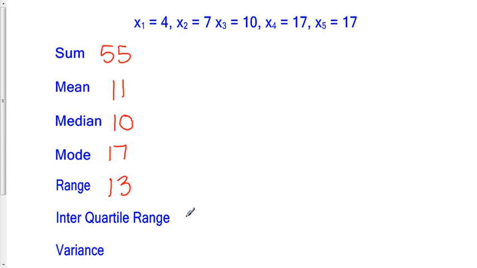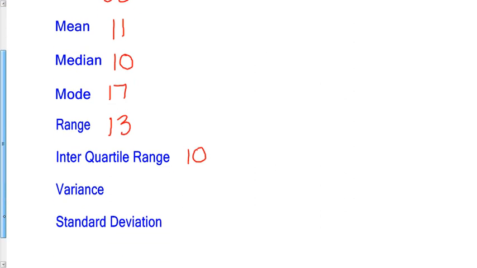The interquartile range would be 10, because that would be this value subtracting that one, because they're the first and third quartiles. The standard deviation, if you went with, would be 5.8. Approximately, so 5.87, let's say. And then, if you went with dividing by n, it would be 5.25.